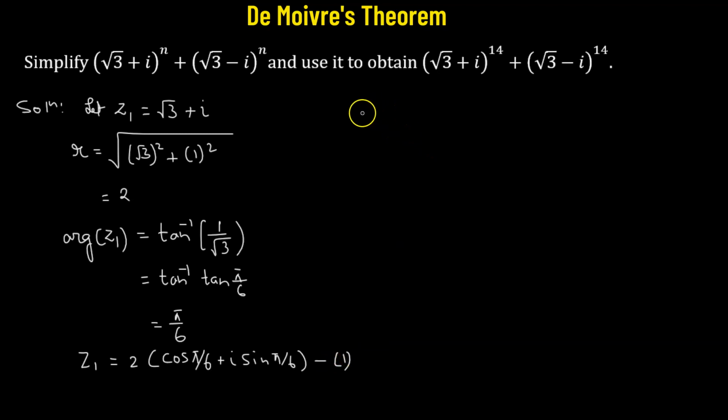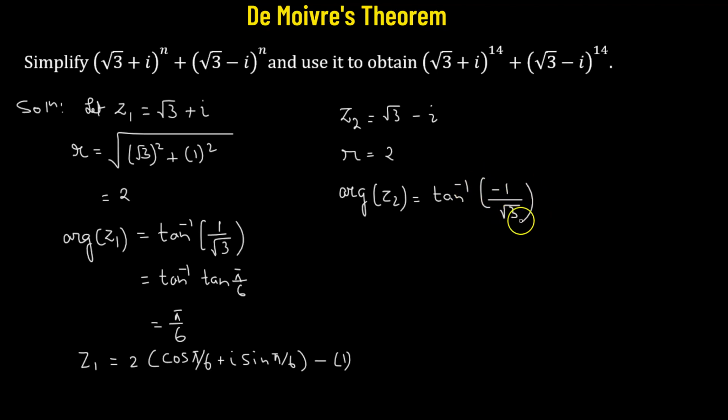Now we will move on to our second complex number z2, which we represented as square root of 3 minus iota. Here the r value is also going to be equal to 2. Now we'll find the argument of our complex number z2, which is given by the inverse tangent of the imaginary part, which is -1, divided by the real part, square root of 3.